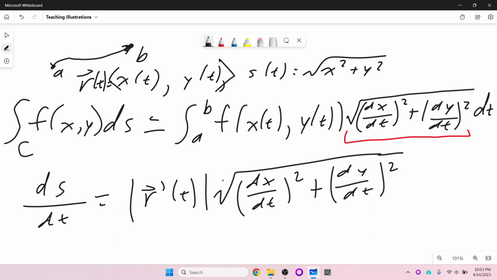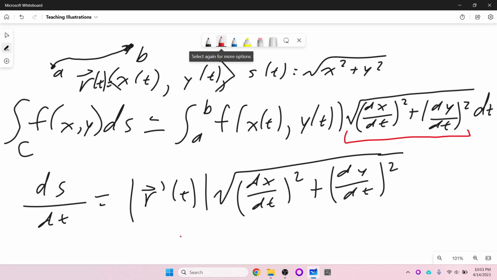The idea being that this square root part represents the extra time it would take for the fact of the curvature. But this absolute value of r prime of t is the speed, which just represents how fast we run along this curve.